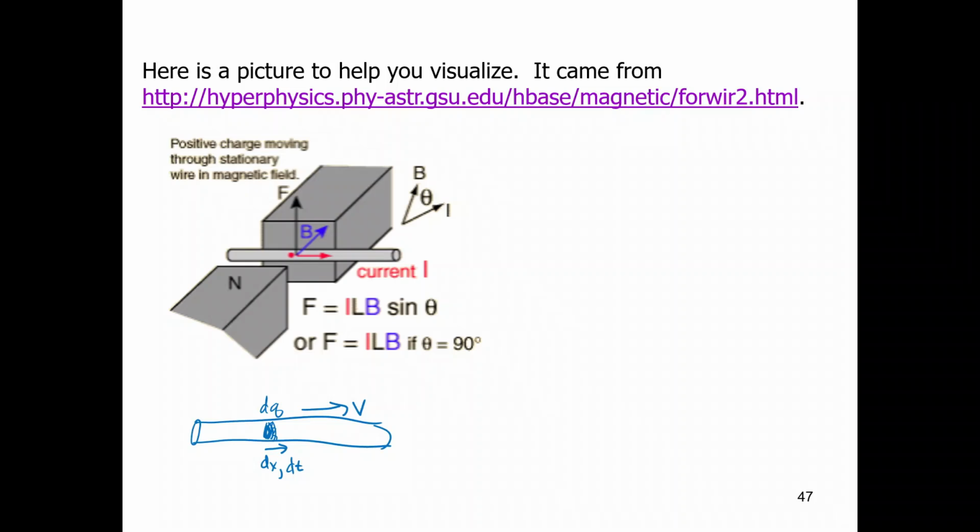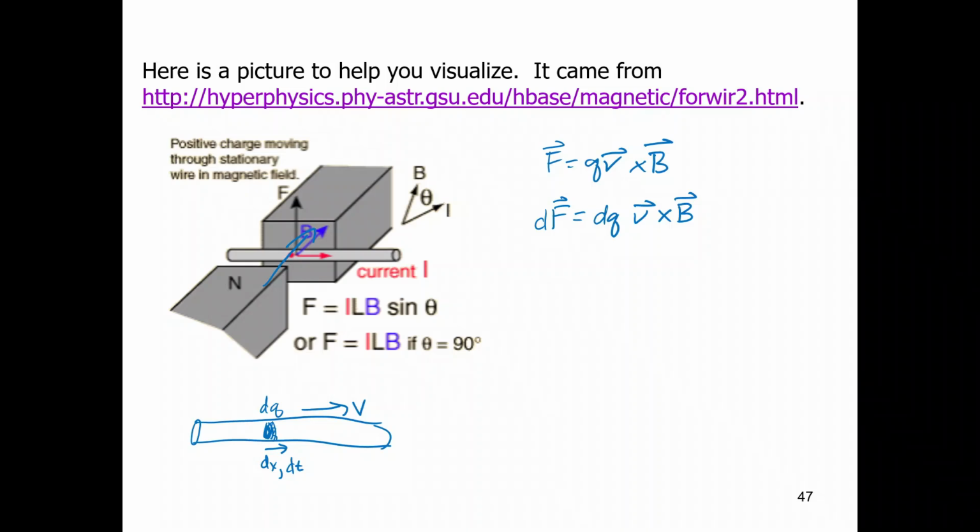So I have my force is equal to QV cross B. But for the wire, that little charge is only giving one infinitesimally small force. So I could picture that dF is equal to dq V cross B. That would give me the tiny bit of force that the magnetic field would be applying on the wire due to just that little dq.